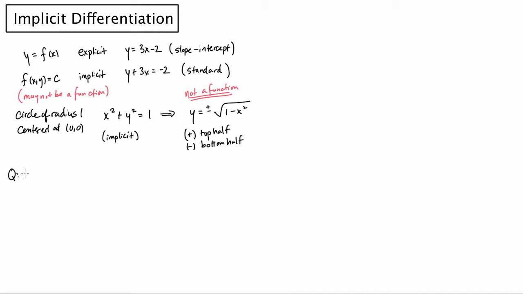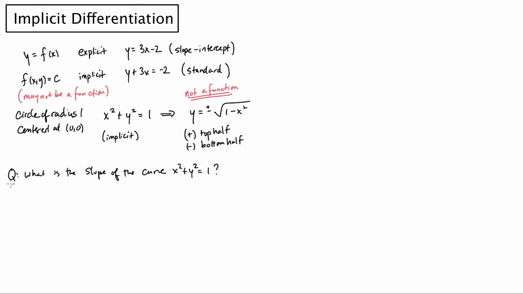The question I have here is, what is the slope of the curve x squared plus y squared equals 1? Meaning, at any point on the circle, what is the slope at that point? So basically I'm finding a formula for the tangent line at any point of a circle.